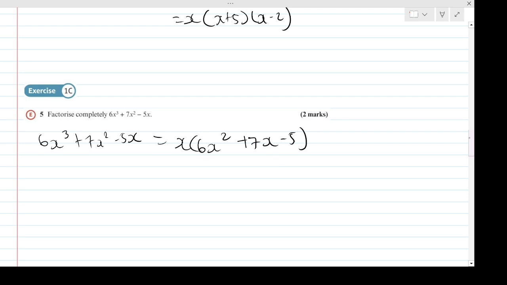And I notice it's a quadratic. So I'm going to need to factorize it using the other method, where we consider two numbers that times and add to give something. But here it's a non-monic quadratic, so we have a number in front of the x squared. So we need to adjust it, remember? Instead of times to give minus 5, you need to get minus 30, because 6 times minus 5 gives us minus 30.